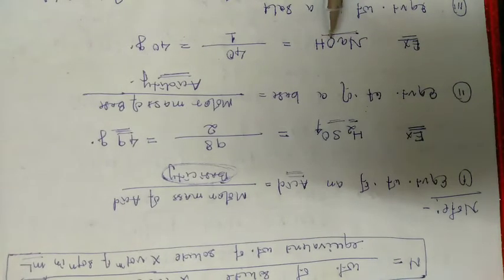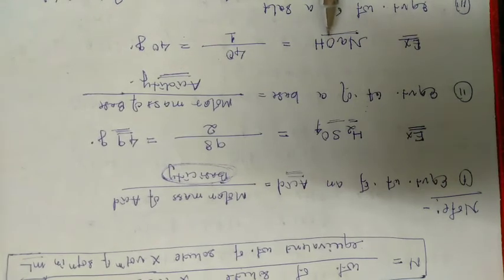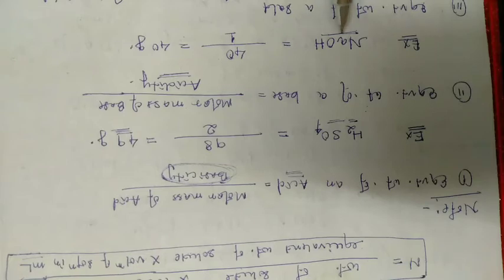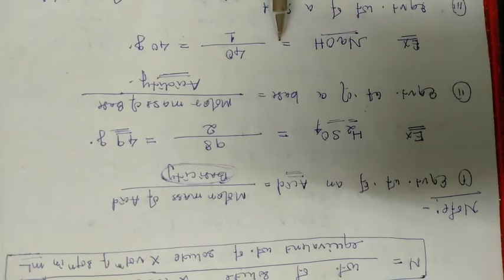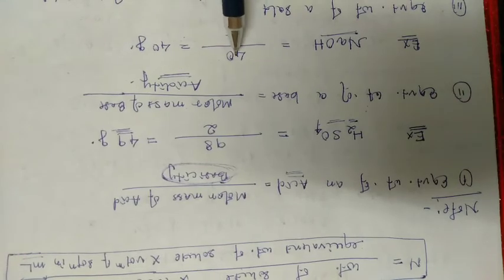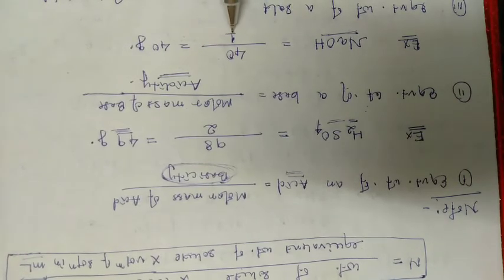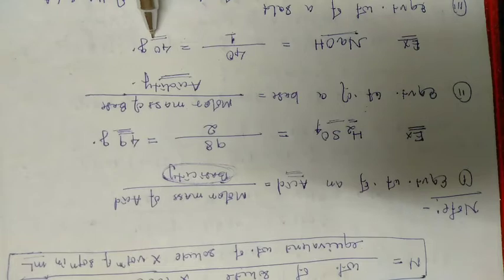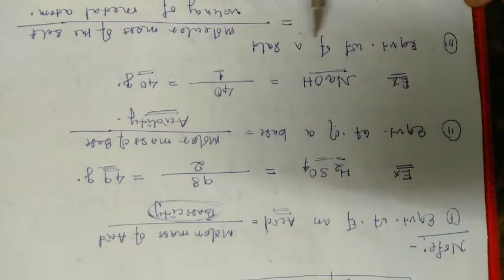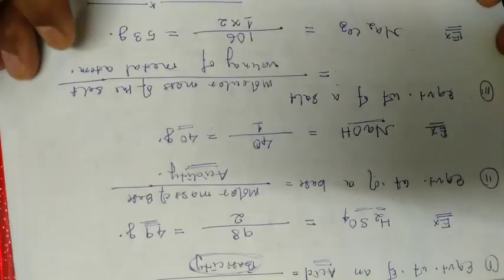Sodium hydroxide has acidity equal to 1 because it has only one replaceable hydroxyl ion. So equivalent weight of sodium hydroxide equal to its molecular mass 40 divided by acidity 1 equal to how many grams? 40 gram.